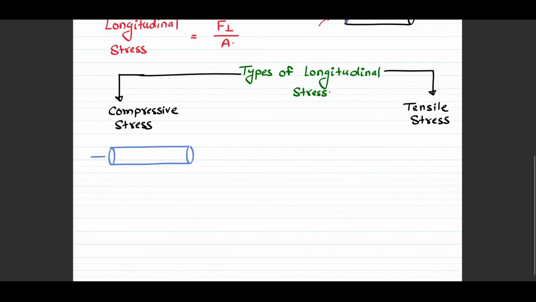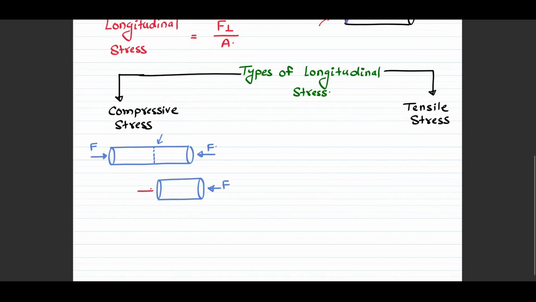In this situation, the body has been compressed from its natural dimension, and hence when you look at a cross section here, if you draw the FBD, this is the F, this is the internal force.